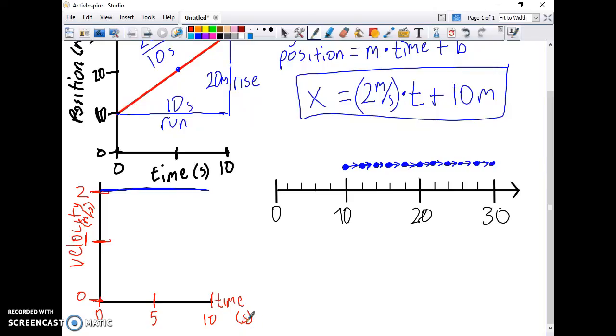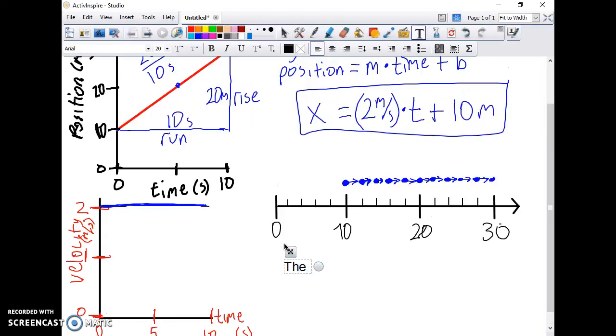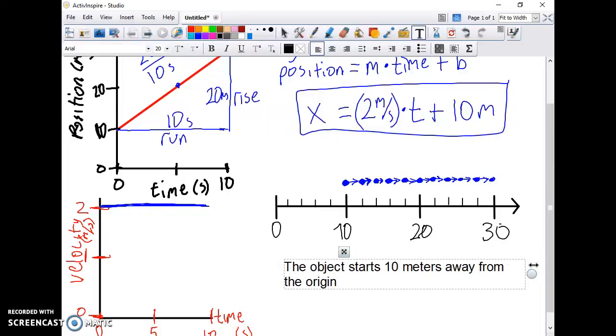All right, finally, the last thing that we need to do is just write what is happening in words. Okay, so the object, the person, whatever it is, the object starts 10 meters away from the origin, which in this case might be the door in the agora.